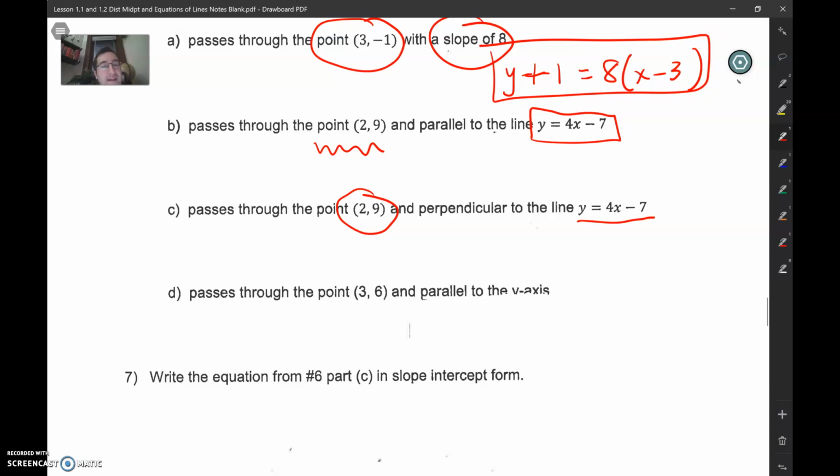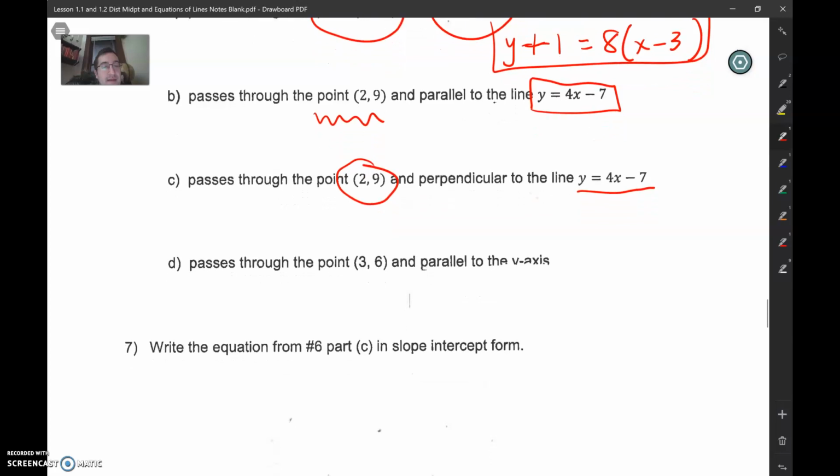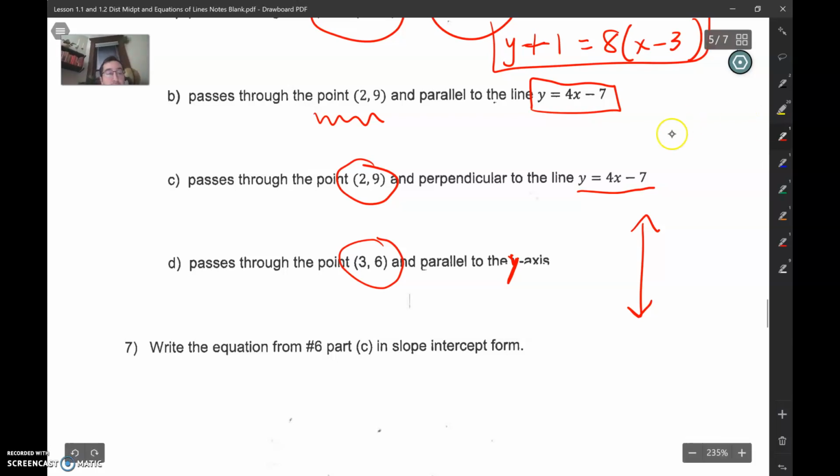We should know what that slope is from video 1. And then lastly, they want it to pass through this point and be parallel to the y-axis. That's a vertical line. We should know how to write the equation of a vertical line as well. Final video coming up next.